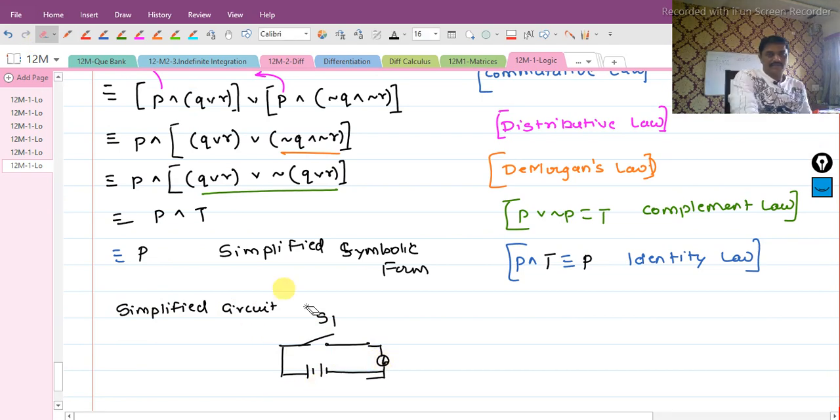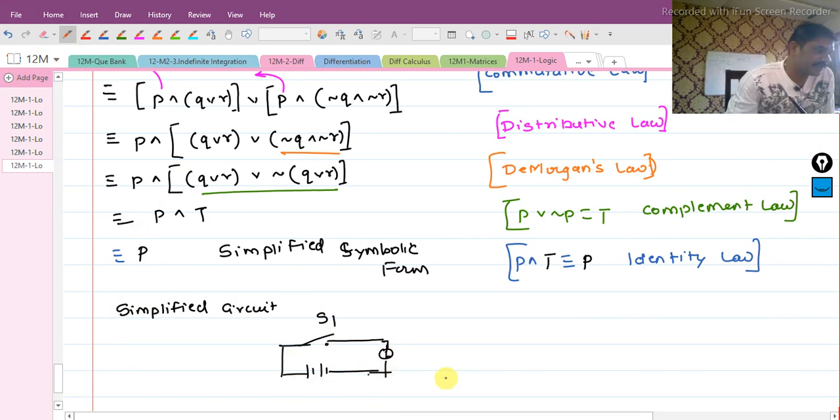And that's it. Is this clear to all? ये सबको समझ में आ गया? That's it. That's simplified circuit.